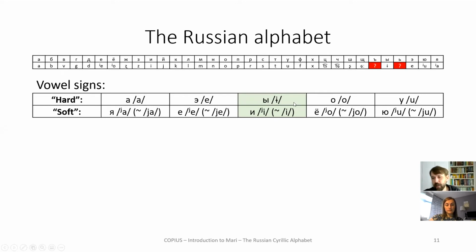And this pair here I have colored because the general system is a bit complicated here. But what it basically means is that if we use, so yeah, and Я, yeah, Е, И, О, Йо, У, Ю.